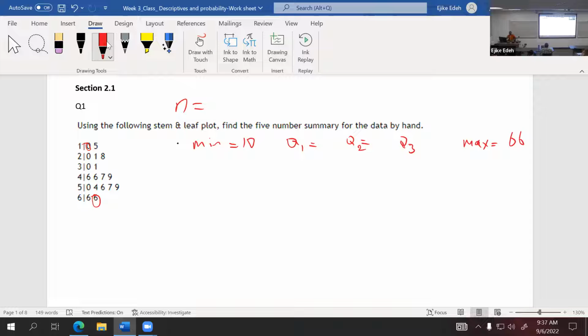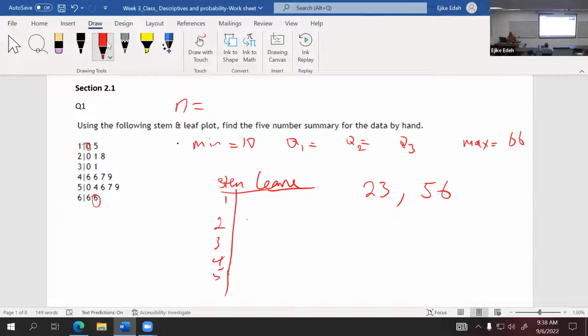So remember that the leaf. Okay, let me write it for the sake of this. Remember that the stem is over here, right? And then the leaf is over here, right? So if, for example, quickly, if I have the number 23 and 56, for example, and this is 1, 2, 3, 4, 5.